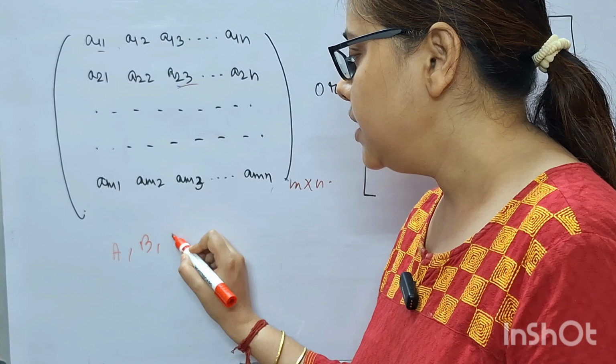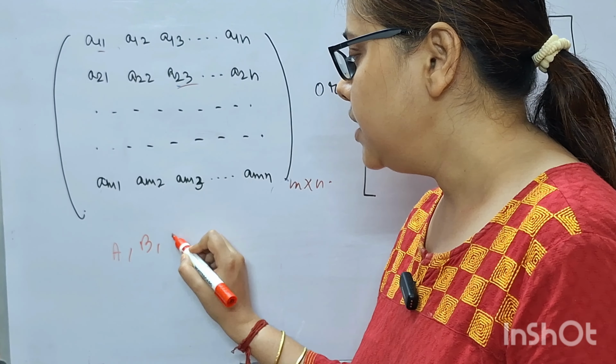A square matrix is said to be a diagonal matrix if all the elements other than the diagonal elements are 0, like 1, 0, 0, 0, 2, 0, 0, 0, 5.